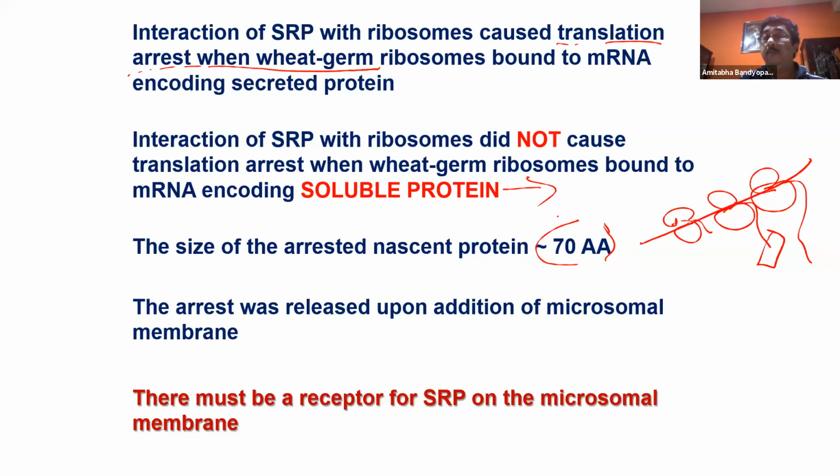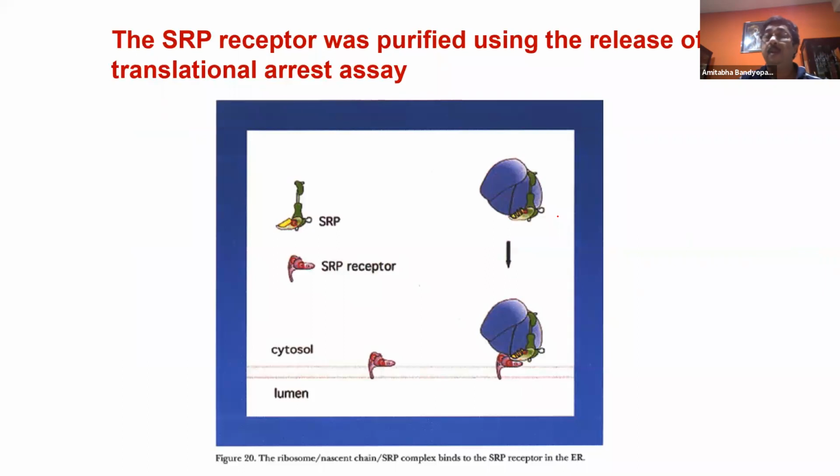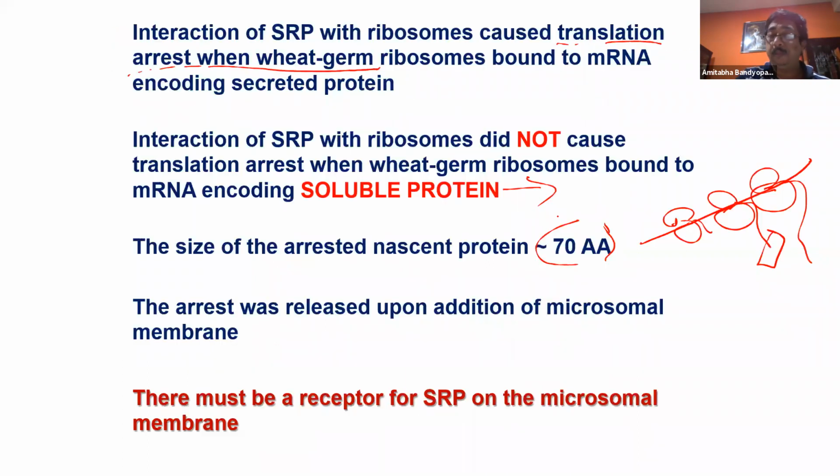So then they purified that receptor from the microsomal membrane, and the assay this time was: what is there from the solubilized microsomal membrane which can release the translation arrest? Okay, so again, try to understand that this arrest is without the membrane. With the membrane, arrest is released.